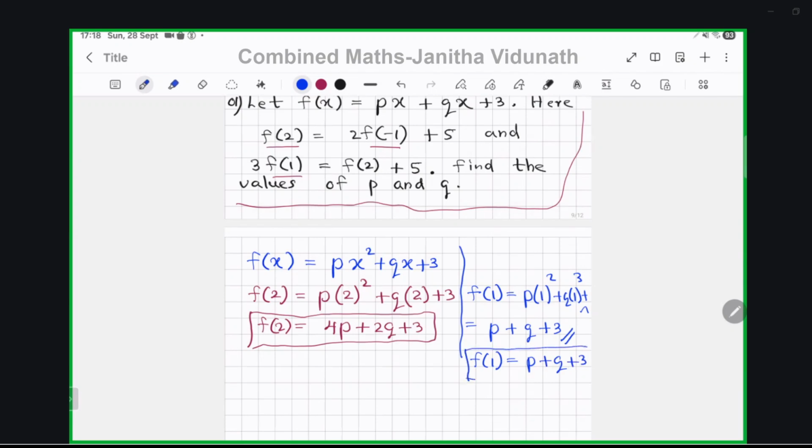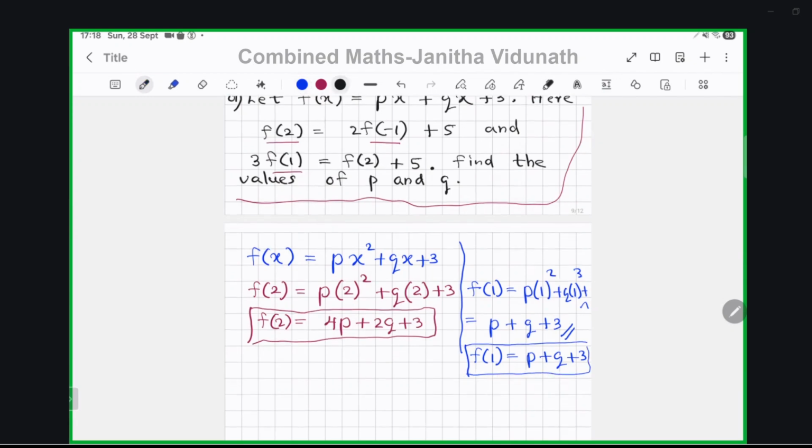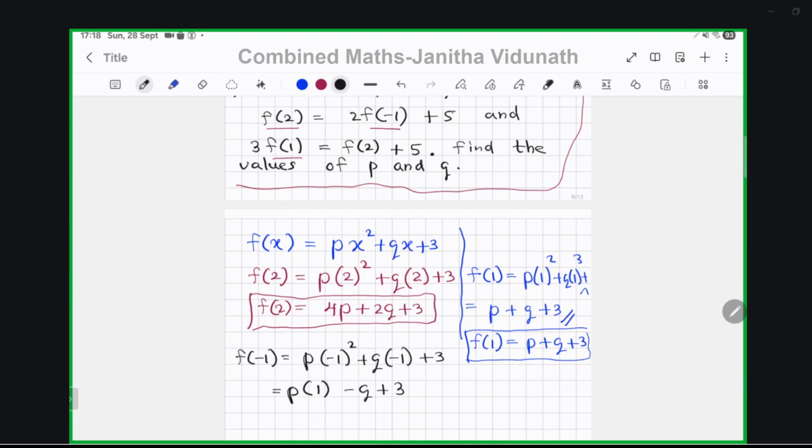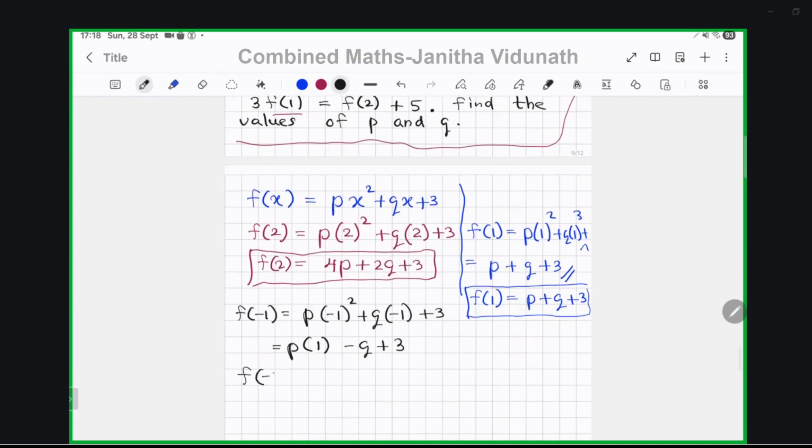Now we are trying to find the value of f(-1). Simply we substitute the variable with minus 1: p times minus 1 whole square plus q times minus 1 plus 3. That means p times 1, minus q, plus 3. That means f(-1) is equal to p minus q plus 3.